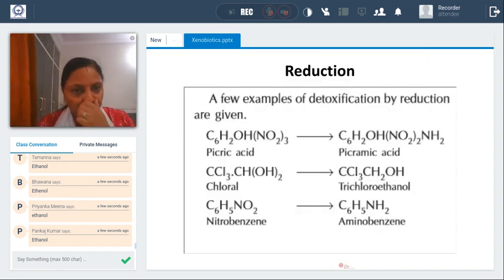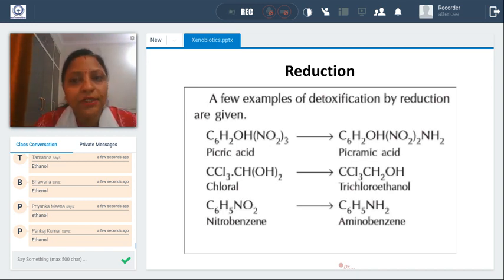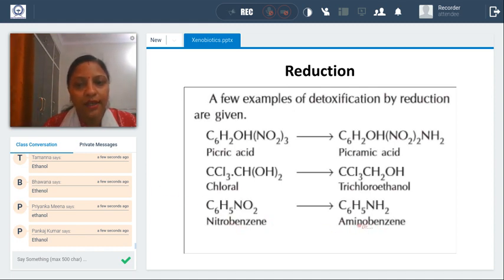Second reaction is reduction. A few examples of detoxification by reduction are given, like picric acid converts into picramic acid, chloral hydrate converts into trichloroethanol, nitrobenzene converts into aminobenzene. This C6H5NO2 converts into aminobenzene C6H5NH2.